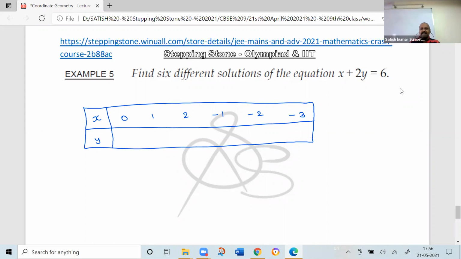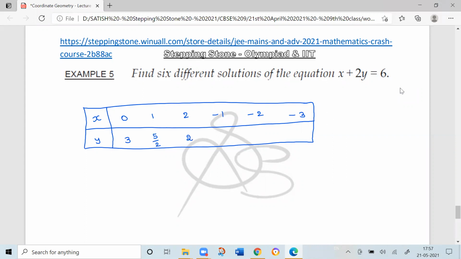Now, when x is 0, what is the value of y? It is 3. When x equal to 1, what is the value of y? It's 5 by 2. When x equal to 2, what is the value of y? 2.